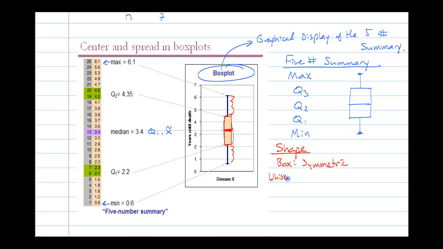Sometimes the box and whisker parts will agree and sometimes they'll disagree, but when they agree, we can say that the overall shape of the distribution is symmetric. We can also look at this and it doesn't appear there are any outliers, because I don't have some extreme point, let's say coming clear up here, that would be a lot different from the data set. So that's how we can talk about box and whisker plots.